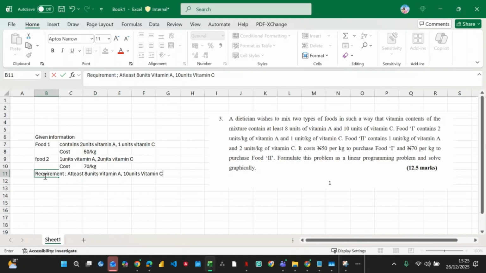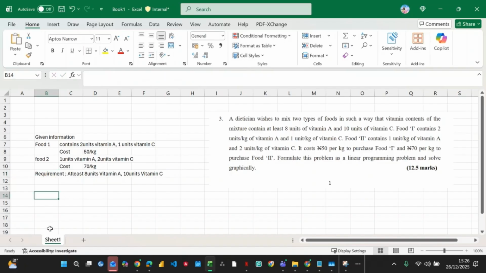Now let's look at our variables. Remember, it's linear, and he says we should formulate this as a linear programming problem. So we need to formulate this as linear equations.